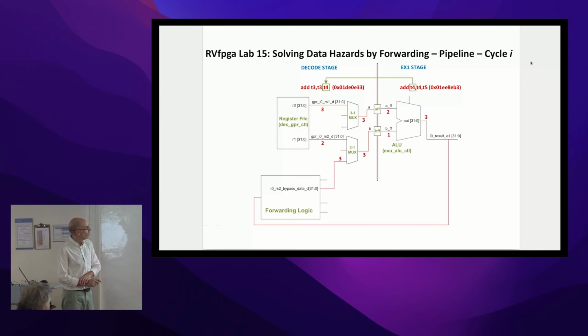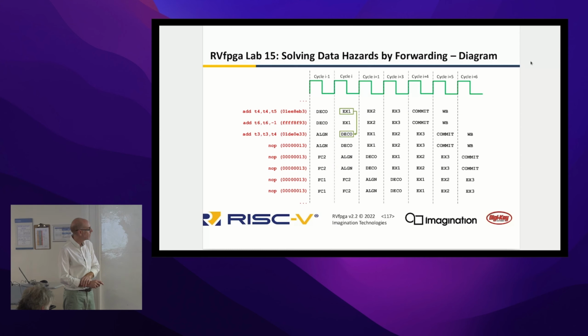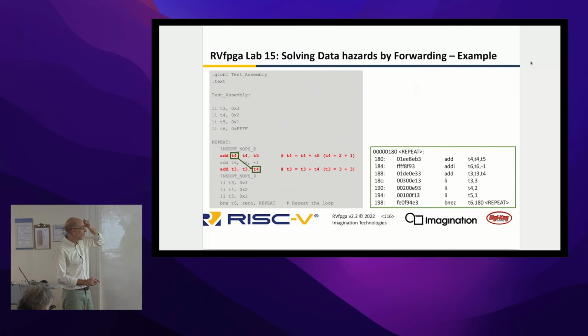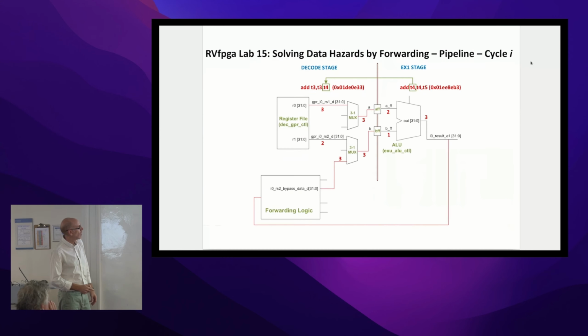So we have the second add instruction, the add T3, T3, T4. In the program we have the addition of T4 plus T5, then the addition of T3 plus T4. So we have the second addition at the decode stage, the first addition at the X1 stage.